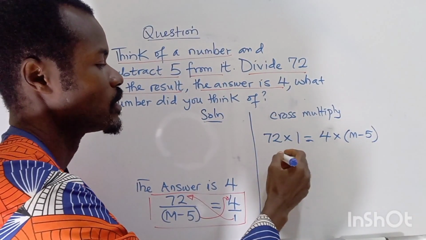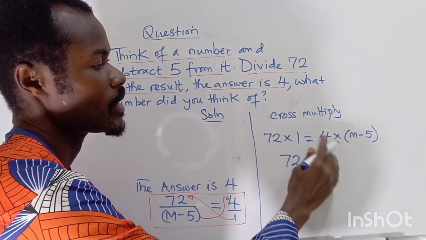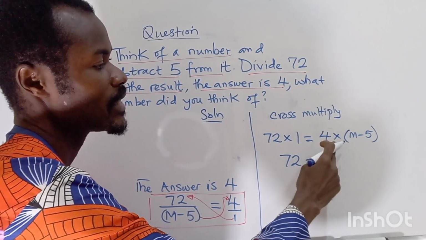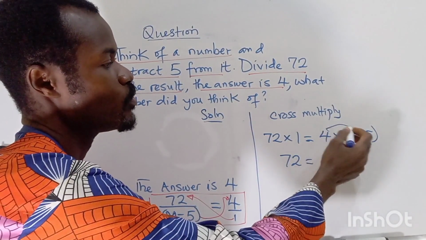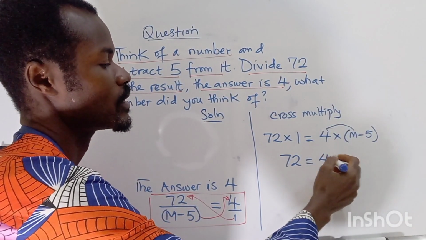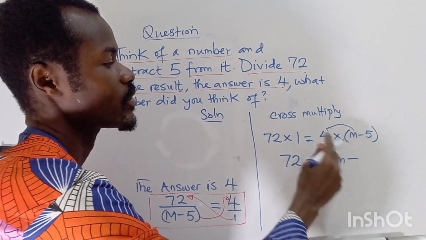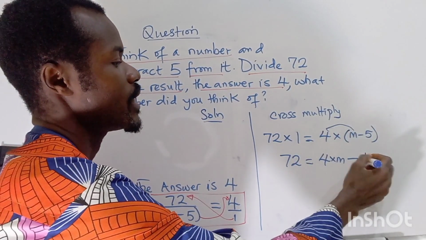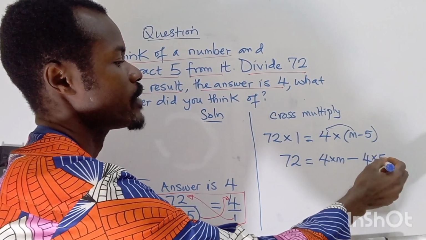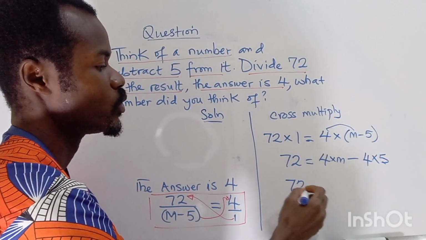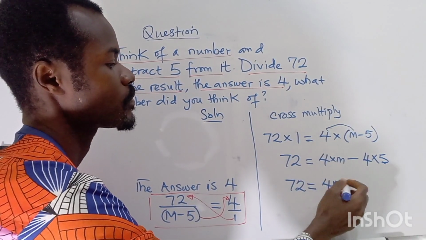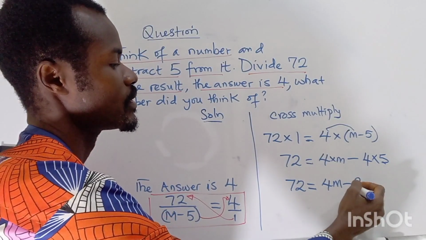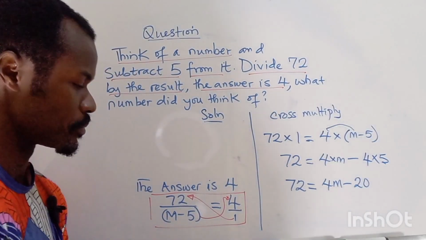72 times 1 is still 72. Now 4 times N minus 5, what are we going to get? 4 will multiply N, which is 4 times N, minus 4 will multiply 5. So we have 72 equals 4N minus 4 times 5, which is 20.